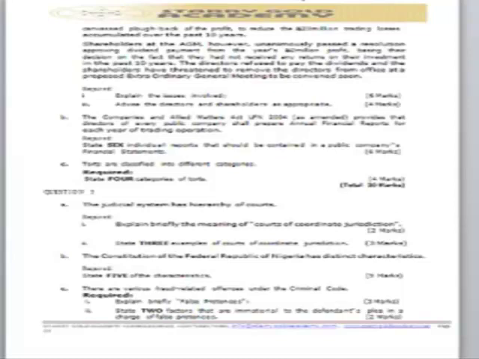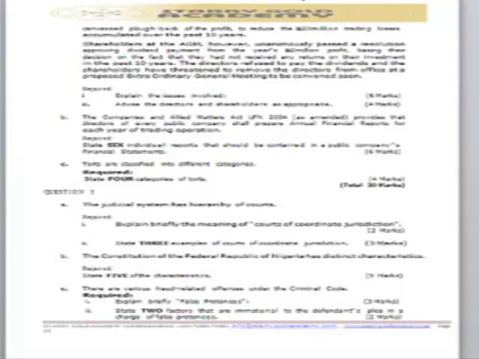The companies and allied matters, as I'm treating B as B now under question 4. The Companies and Allied Matters Act, Law of the Federation of Nigeria 2004 as amended, provides that directors of every public company shall prepare an annual financial report for each year of trading operation.